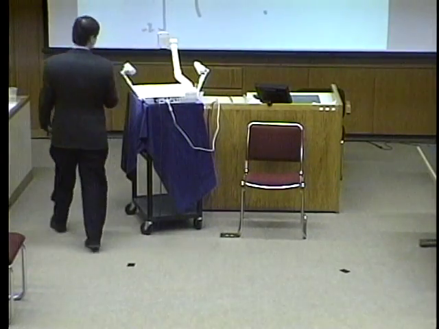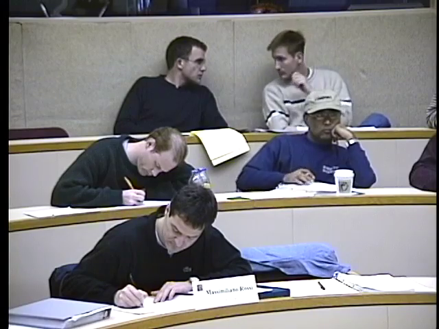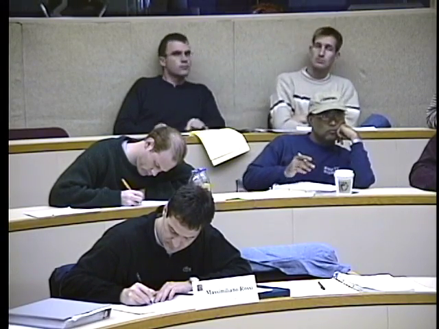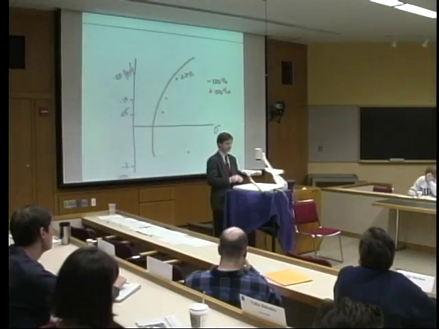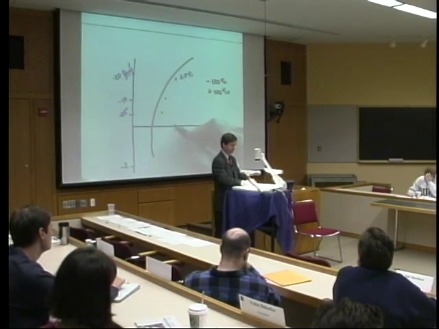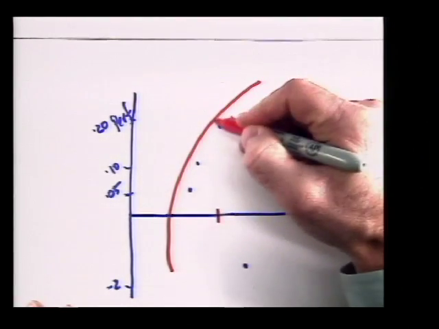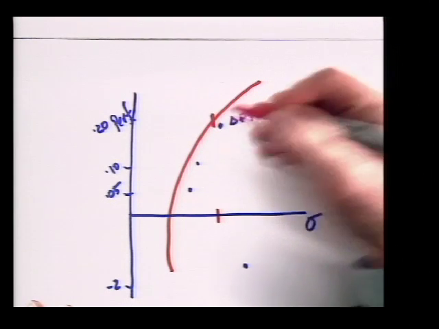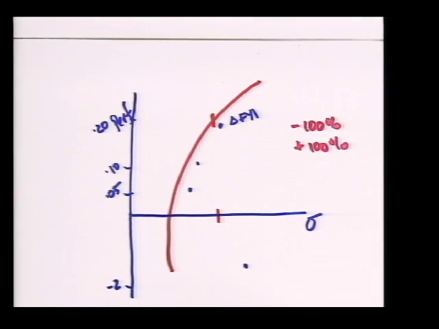Okay, so let's say that we actually follow the suggestion of the benchmark volatility. And suppose the benchmark volatility is right here. We've got a portfolio here that's got a set of weights.